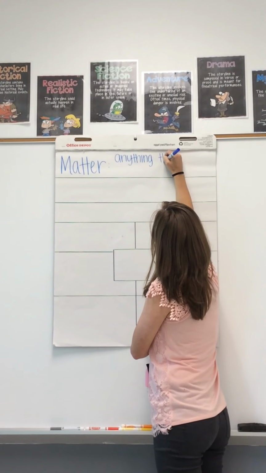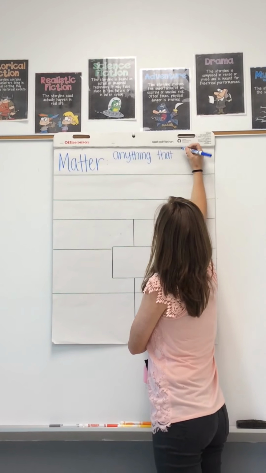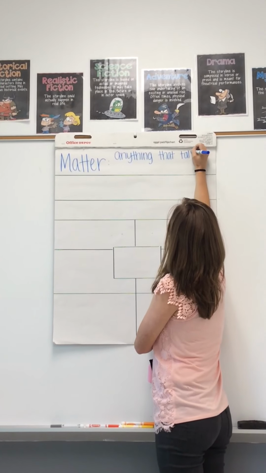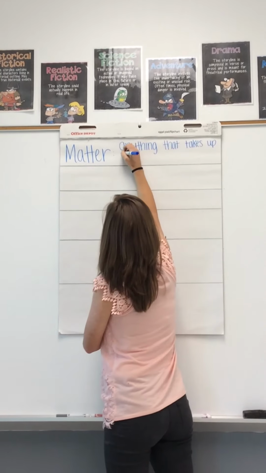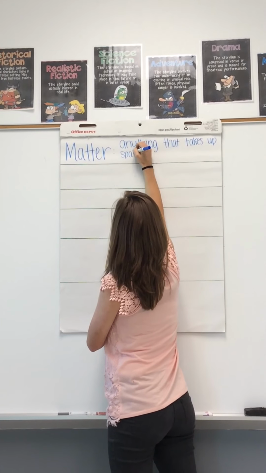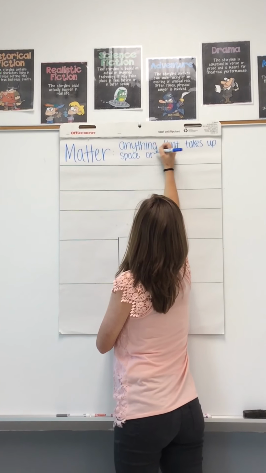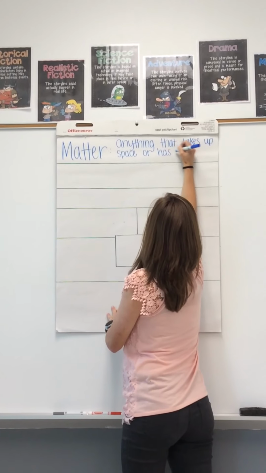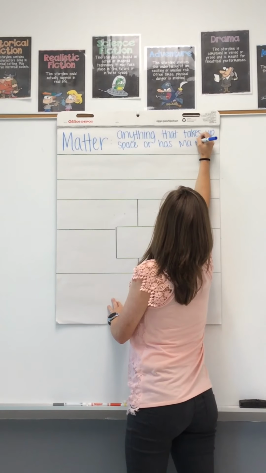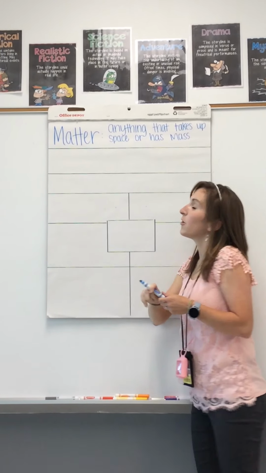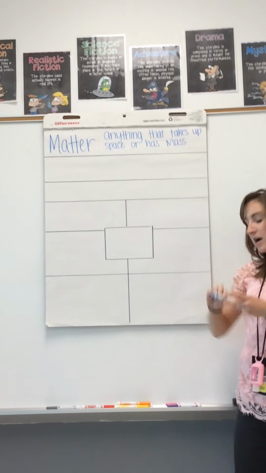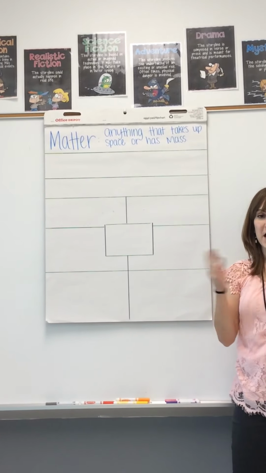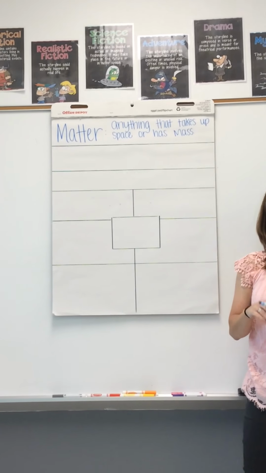So anything that takes up space or has mass. So I am matter because I take up space and I have mass, but this marker is also matter. It takes up space and has mass.